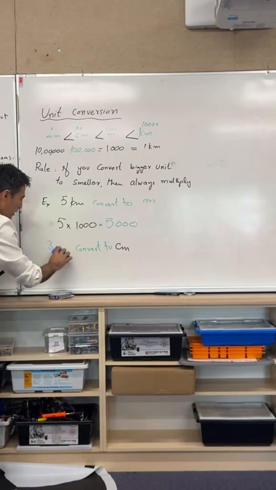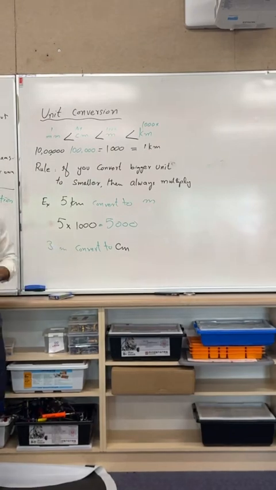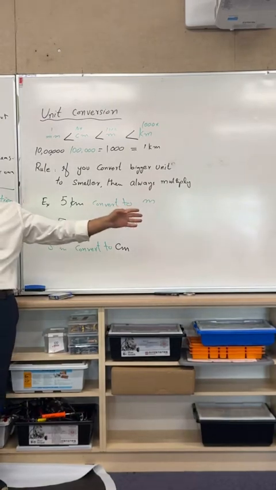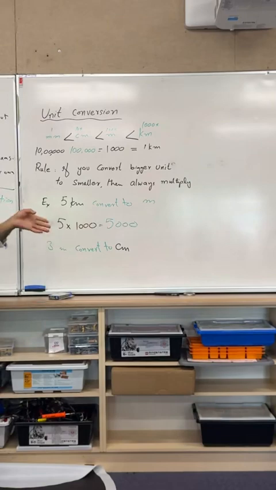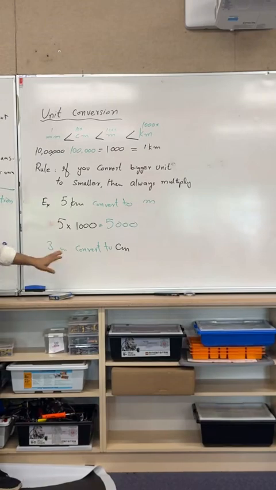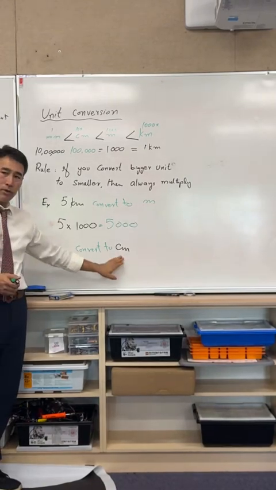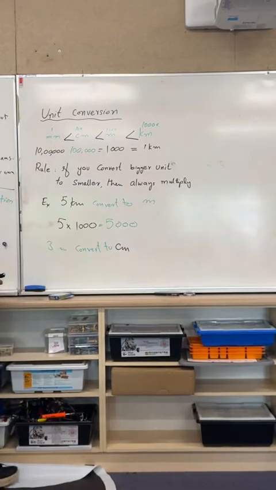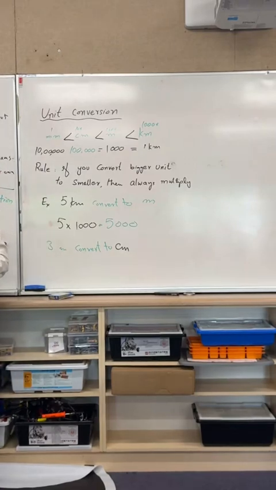Let's see this one: 3 meter convert to centimeter. This board is almost 3 meter. You want to check how many centimeters in this board, right? So by what number we should multiply? Because I'm going from bigger unit to smaller unit. You multiply by 10? Are you sure?